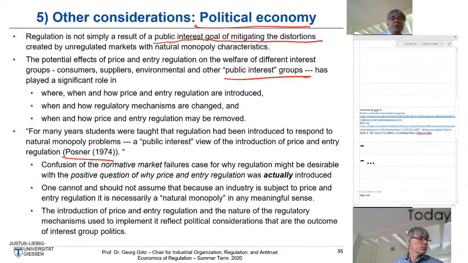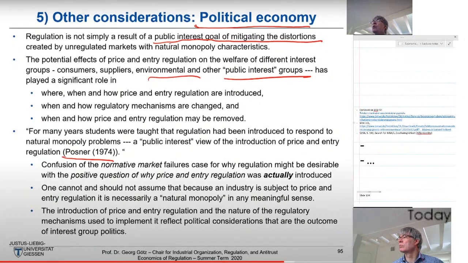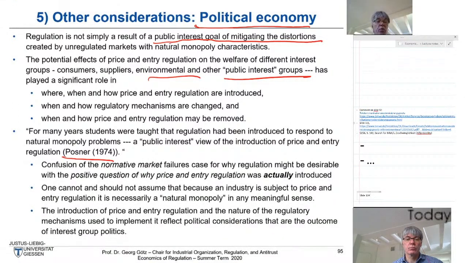Of consumers, of suppliers, of environmental or other groups, like what we had in terms of roaming regulation, that you can make calls abroad as cheap as you can at home. This is just part of the consumers and of politicians, in particular EU politicians, who want to get liked by the constituencies.